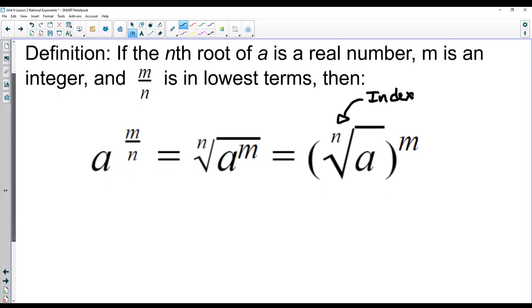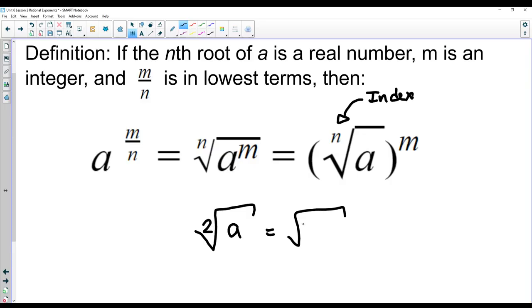Now, the one thing to note here is that you have been working with a root already. When we work with an index of 2, that's known as a square root. So we can look at this as just square root of a. If there's no index in here, we automatically assume it is a 2.